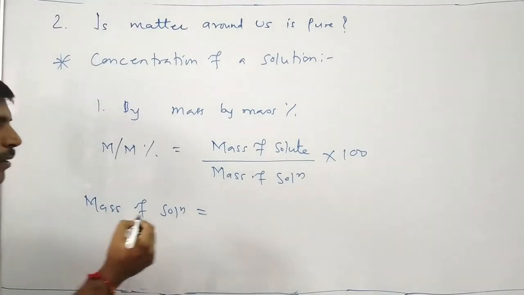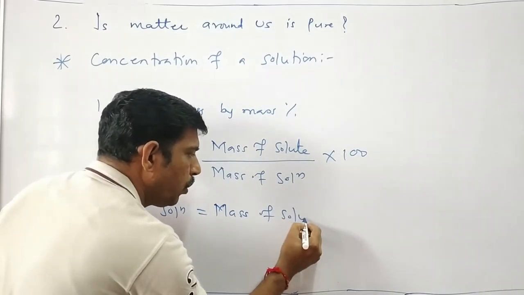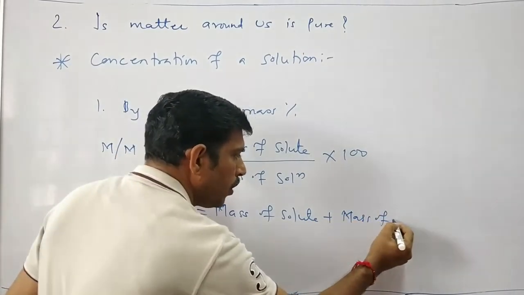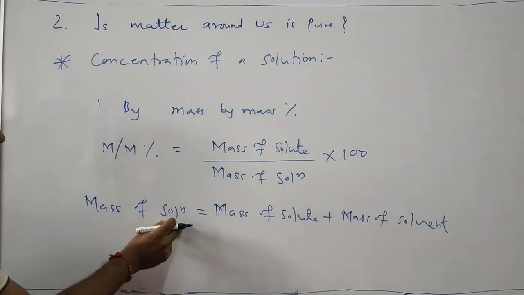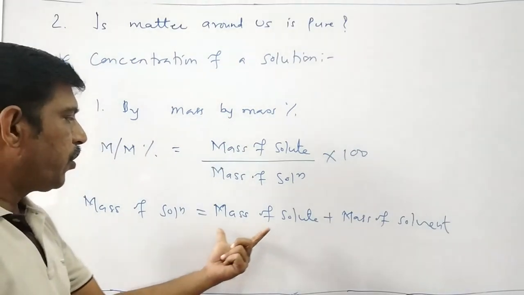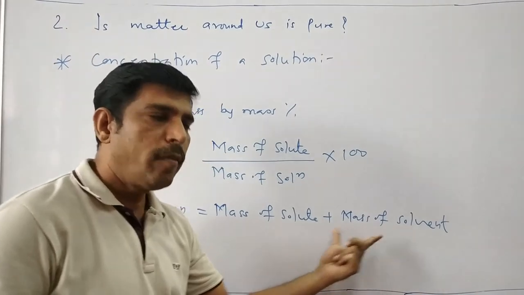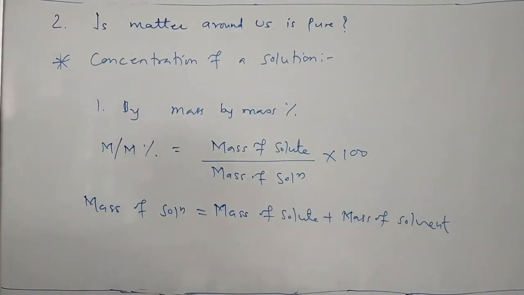By adding the mass of solute plus mass of solvent, because solution is a mixture of solute and solvent. So if you combine the mass of solute, that is weight of solute, and the mass of solvent, we will get a complete mass of solution. So this is the formula.